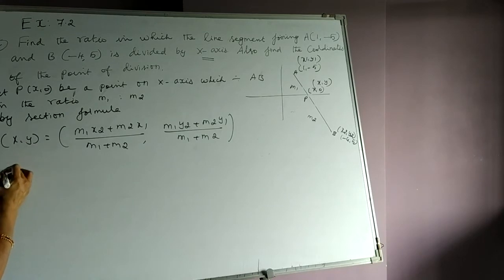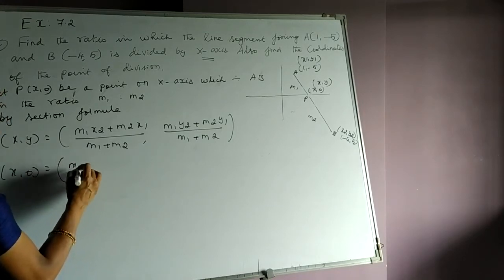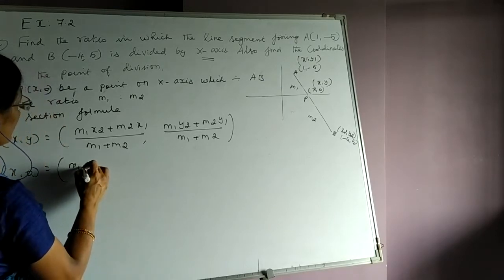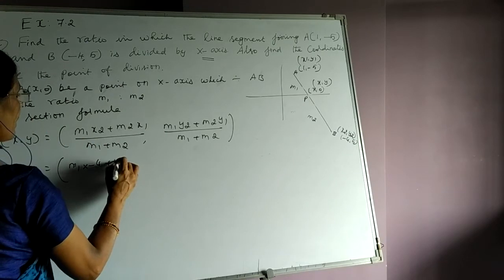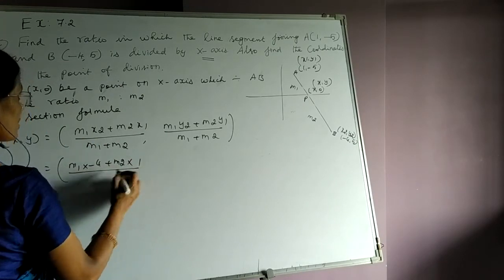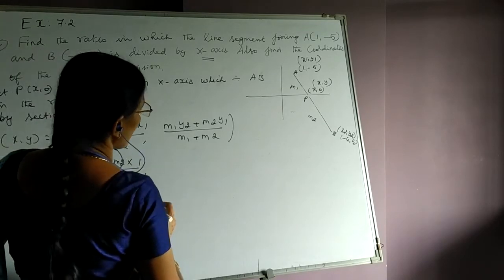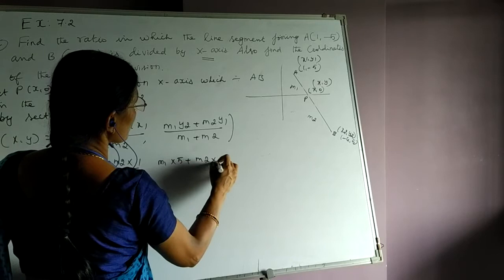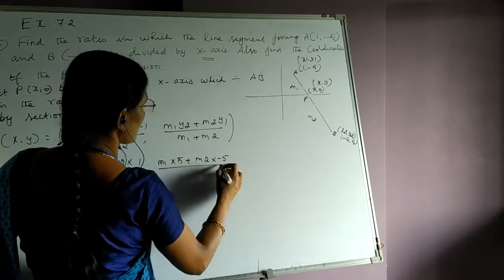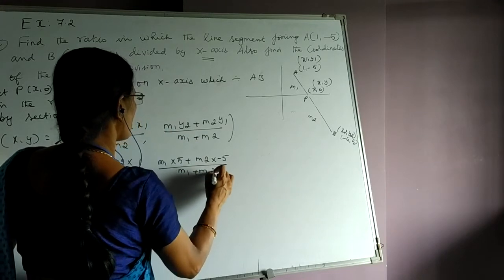So in the place of xy, I am going to substitute x, 0. m1 remains the same, x2 value is minus 4, m2, x1 value is 1, upon m1 plus m2. m1 y2 is 5, m2 y1 is minus 5, upon m1 plus m2.